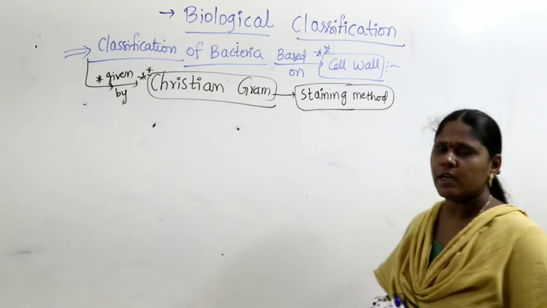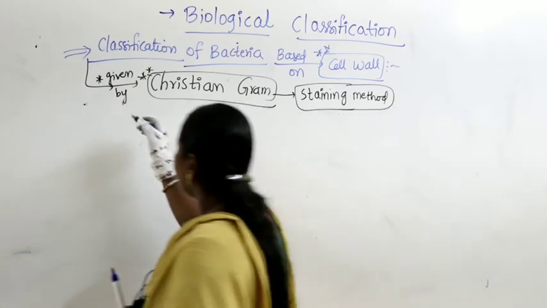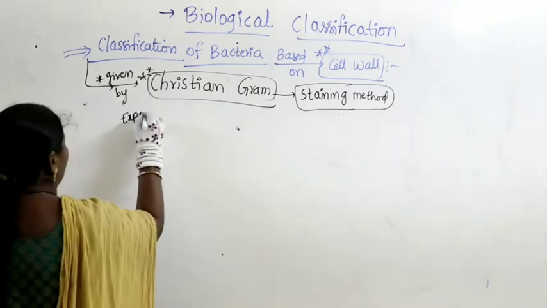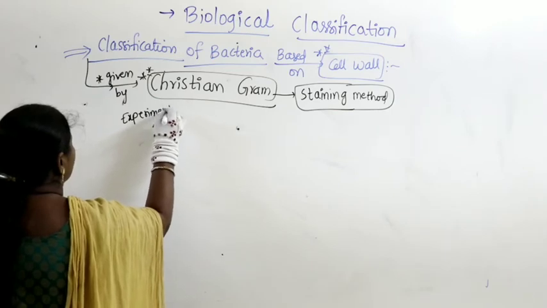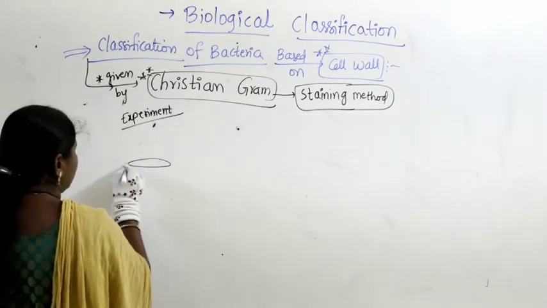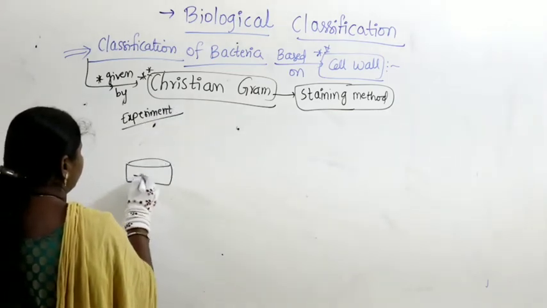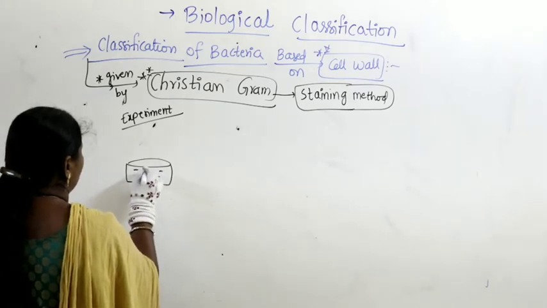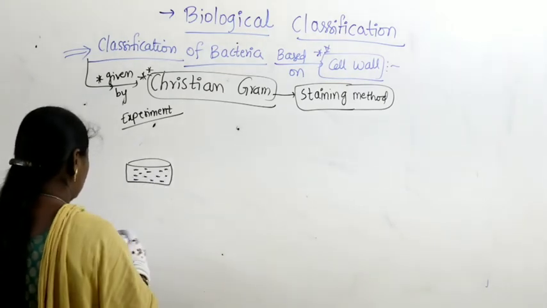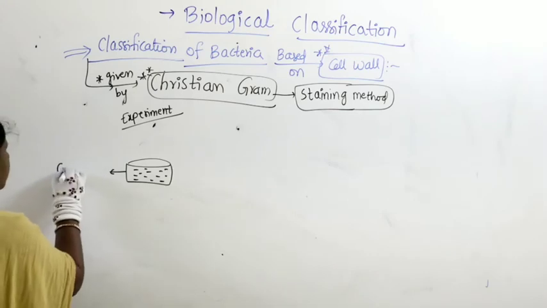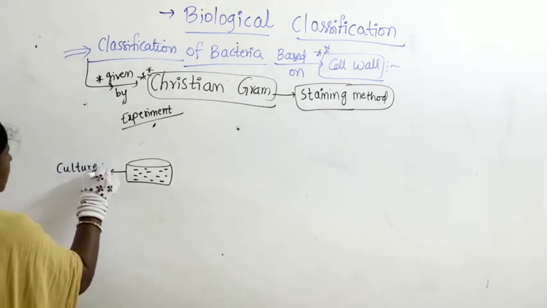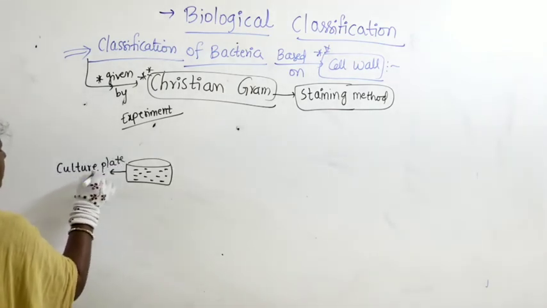Right? So in the experiment, he took two cultures. One culture had the bacteria, this is the culture plate. The culture plate is also called a Petri plate.